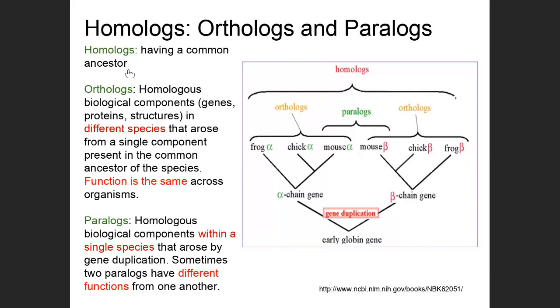Because there is sequence conservation, we think that there was an original sequence that just changed over time, but it came from something originally the same, and that's when we say that the sequences are homologs.